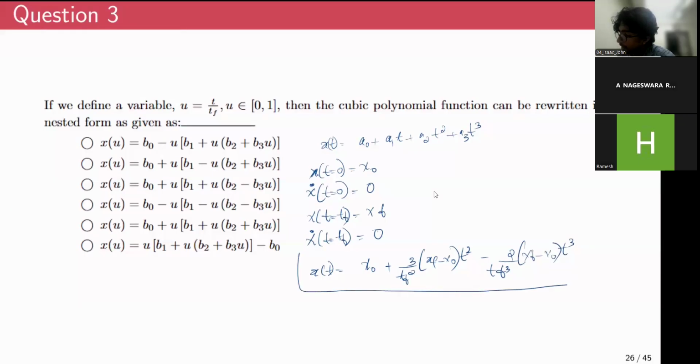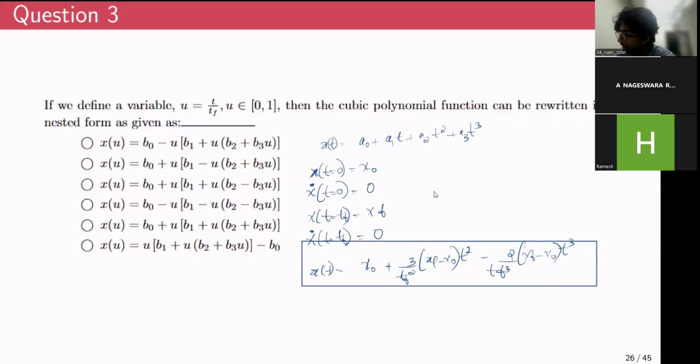This would be how your cubic trajectory would look like in terms of the boundary conditions.